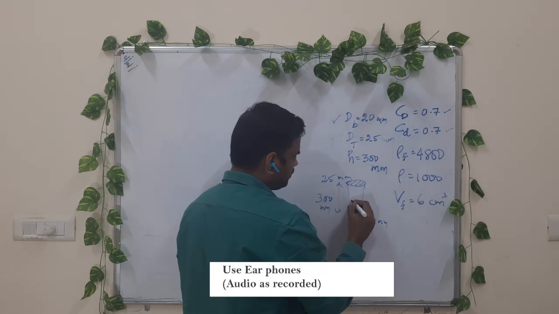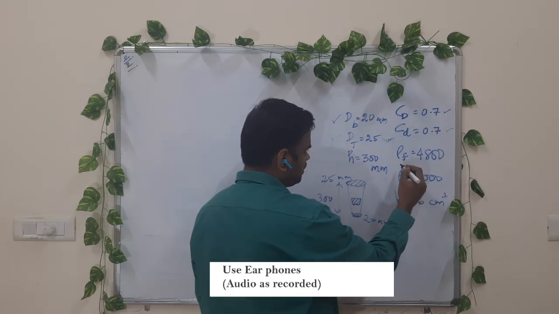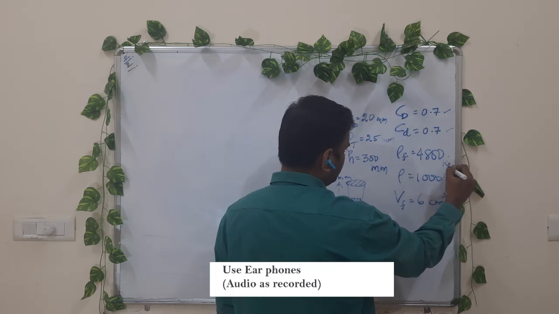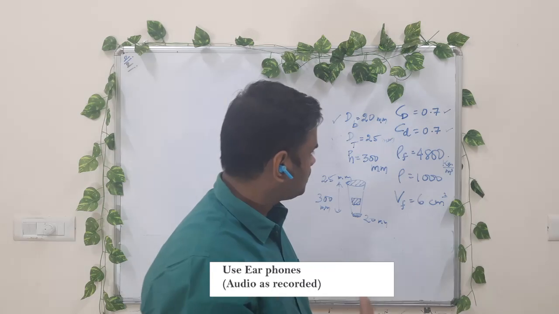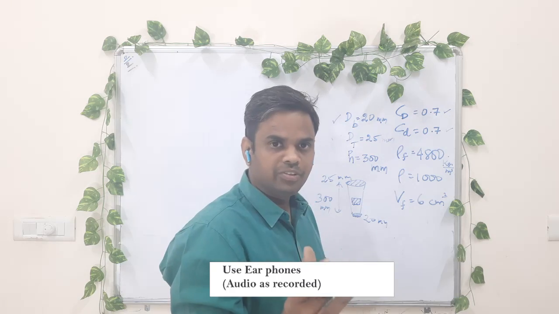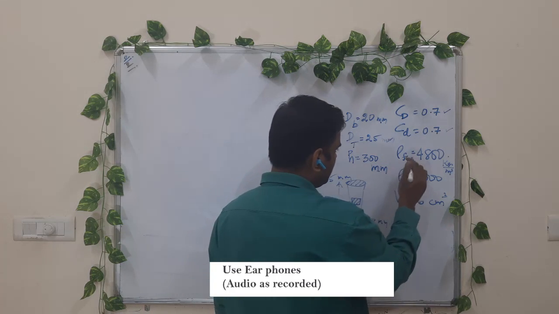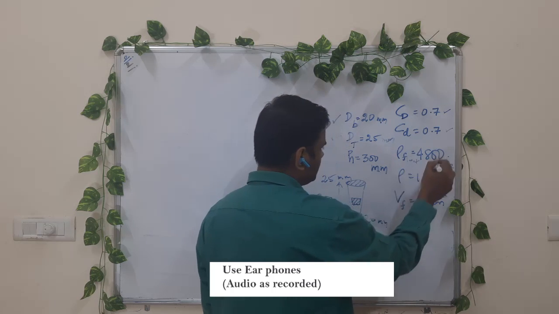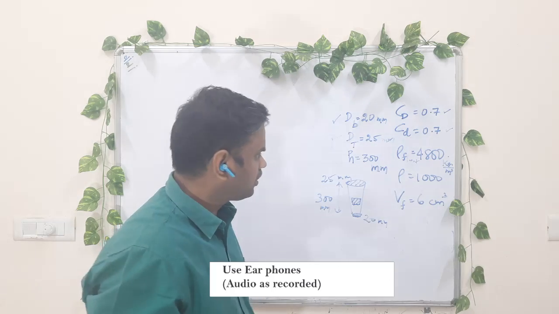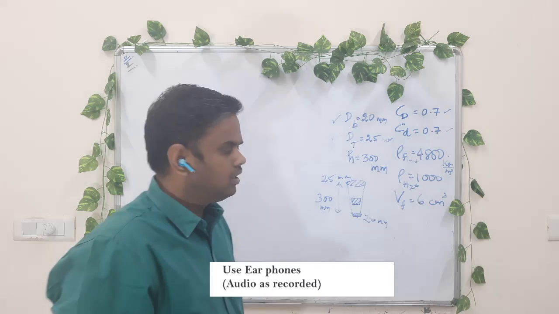And density of the float. We have a float material with a density of 4,800 kg per meter cube. Remember, it can be given in the form of specific gravity as 4.8. Density of the float is 4,800 kg per meter cube, and density of water is given as 1000 kg per meter cube.